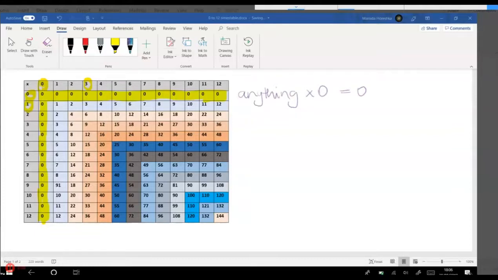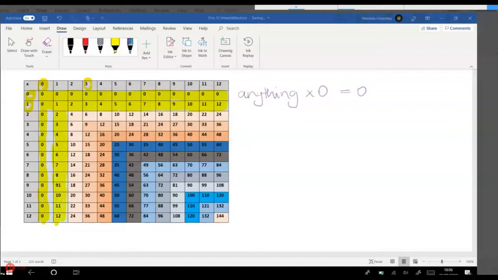1 times 1 is 1, 1 times 2 is 2, 1 times 3 is 3, 1 times 100 is 100. So it means one lot of something. So if you go once to the shop to get 2 items, you'll end up with just those 2 items. If you go 1 time to the shop to get 7 items, you'll end up with 7, and so on.